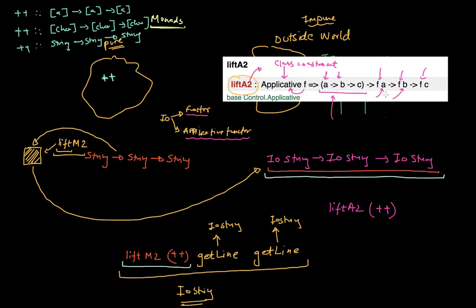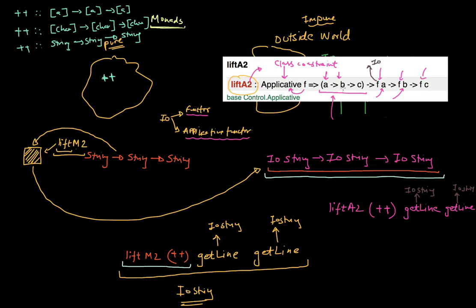Okay, and then I need to pass in two of these functor values, and these two functor values are going to be my IO strings that are coming from getLine and getLine. Again, the type of getLine over here is basically an IO string. This is an IO string. This is an IO string. And I know that f in this case is acting as my IO.